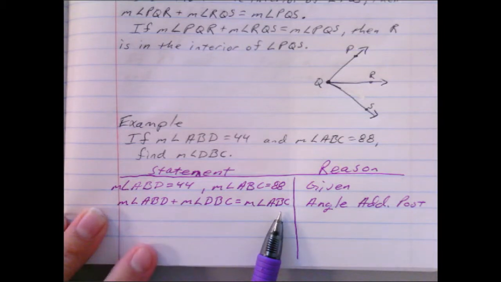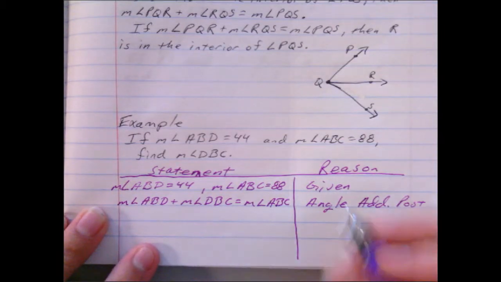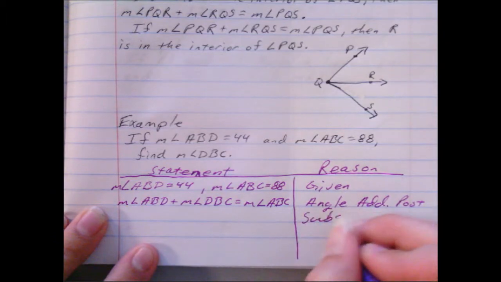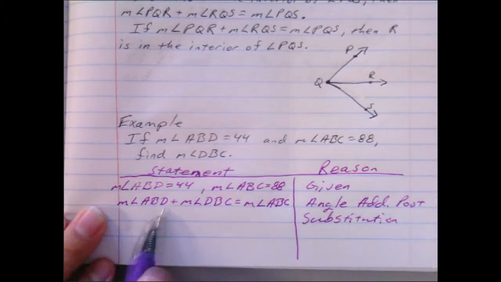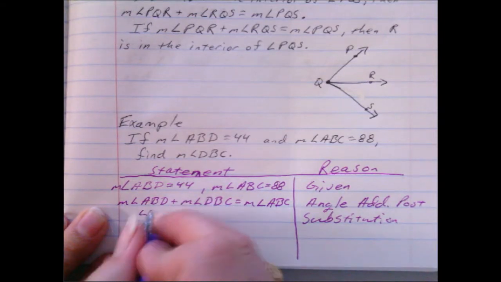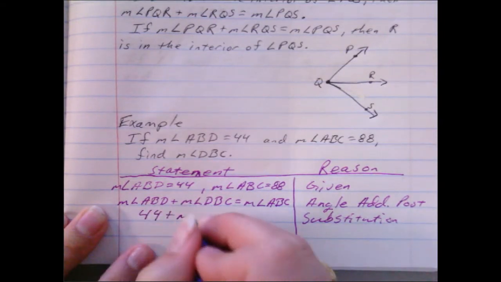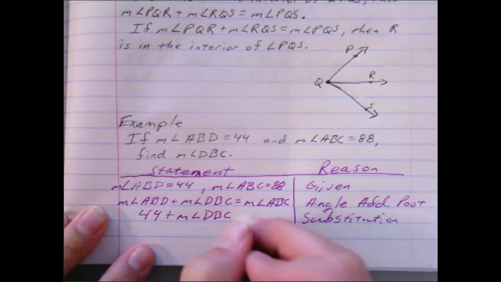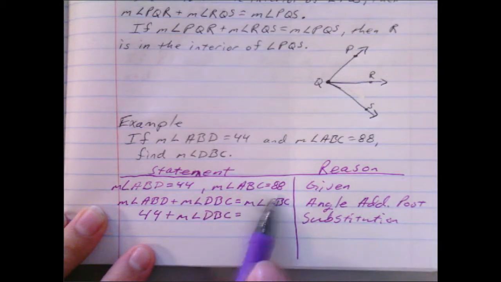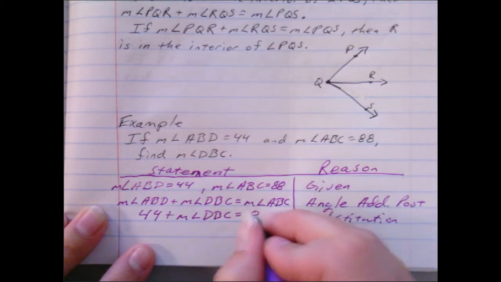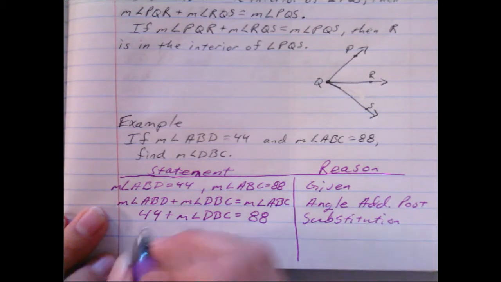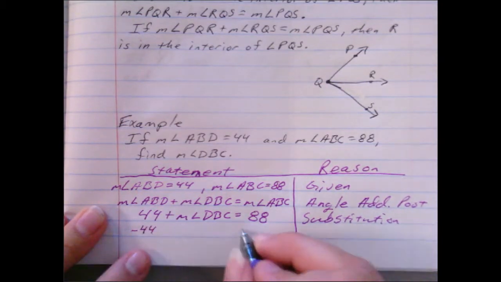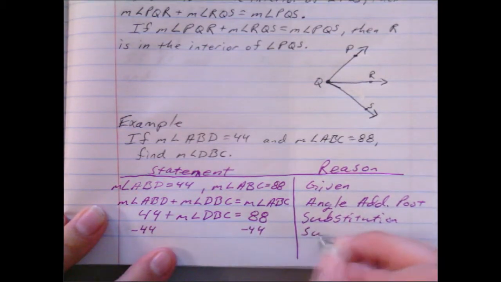Okay, so then the next thing we're going to do is some substitution here. For ABD, we know that's 44, so we're going to put 44 in there, plus the measure of angle DBC equals ABC, which we know is 88, so we're going to plug 88 in there. Then the next step, I'm going to subtract 44 from both sides, so that's subtraction.